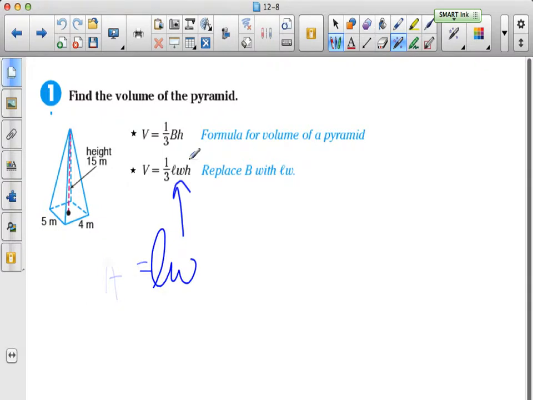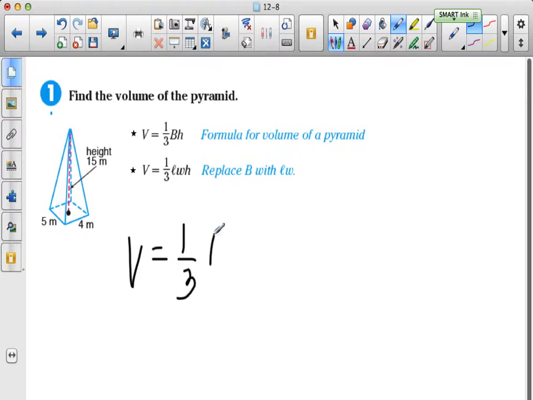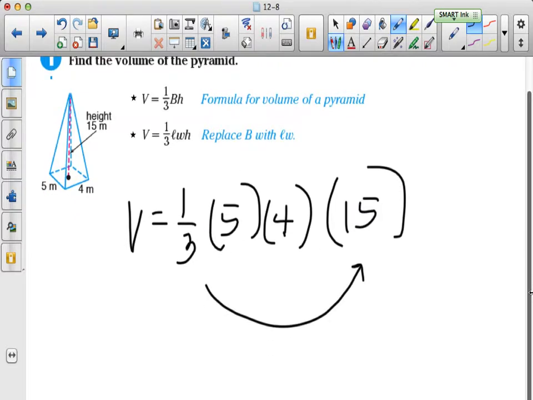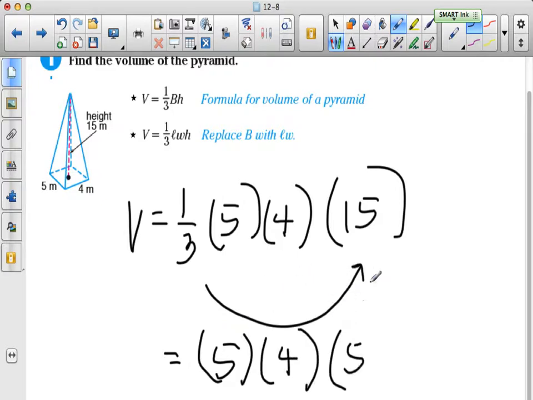From there, we simply substitute the values. So now volume is equal to 1/3 times the length, which is 5, times the width, which is 4, multiplied by the height, which is 15. I'm going to multiply 1/3 and 15 because that's easier for me to do. 1/3 of 15 will be 5, so I end up with volume equals 5 times 4 times 5.